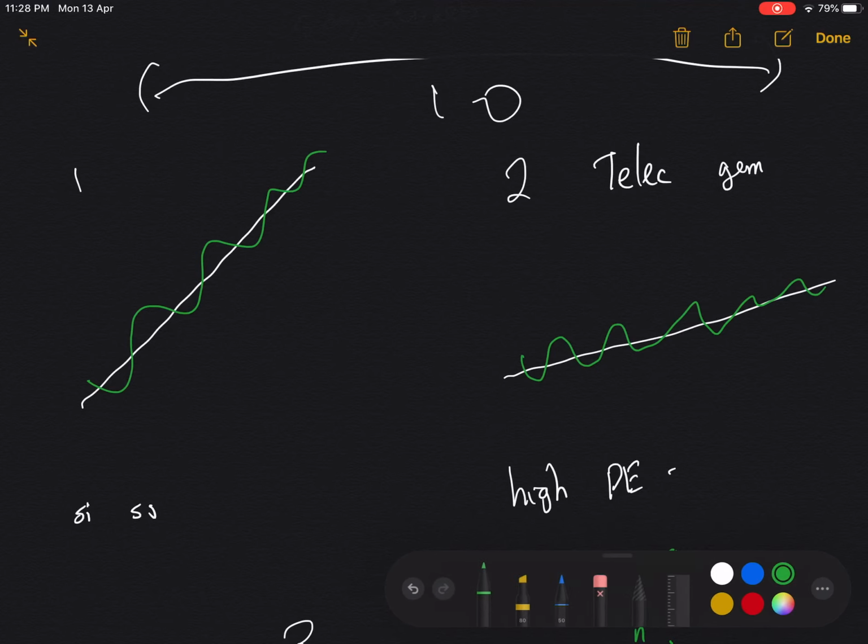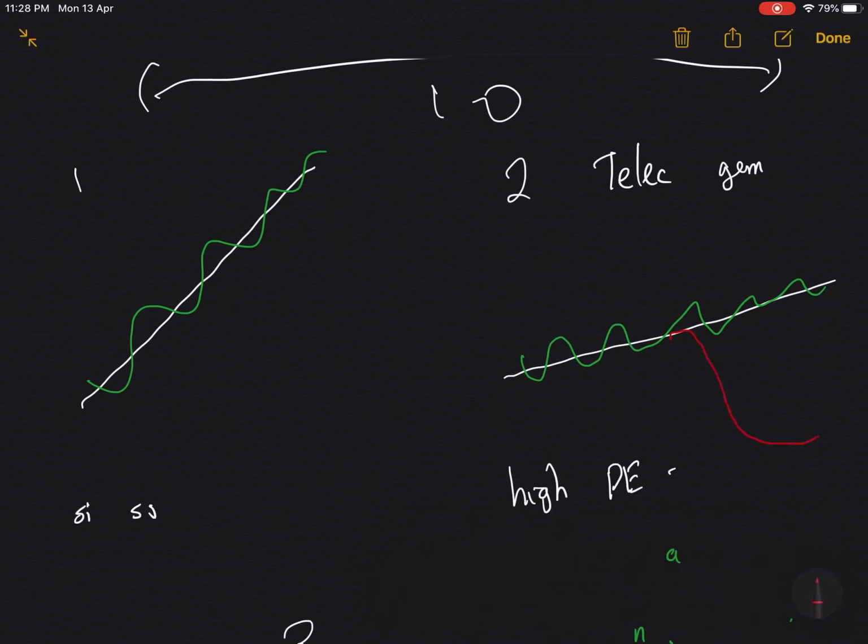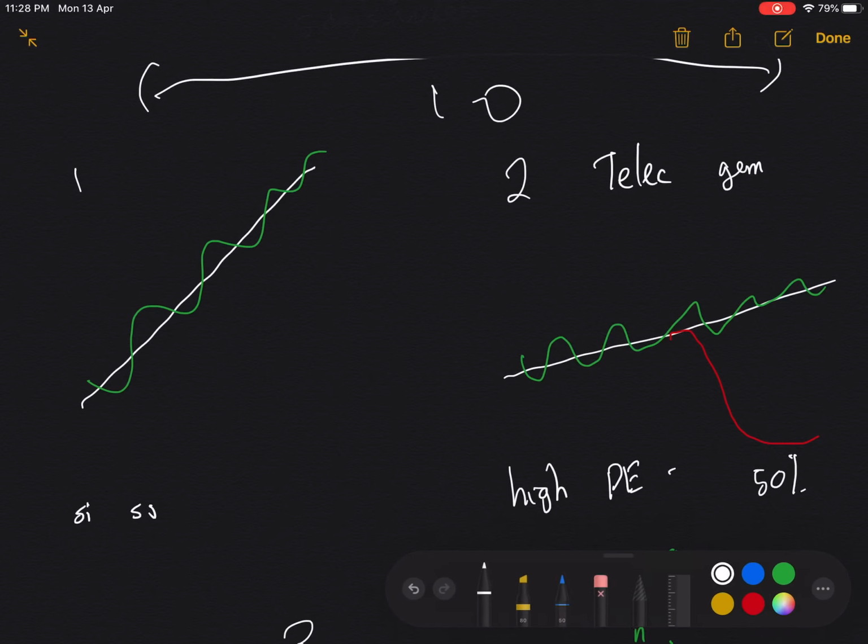So when do you buy this kind of shares? When the market crashes. When the market crashes, it discounts 50%. So the value comes out. Usually they sell at a very high price, high PE, but now it drops. So the PE, the valuation came down. This is the chance for you to buy this kind of blue chip stocks.